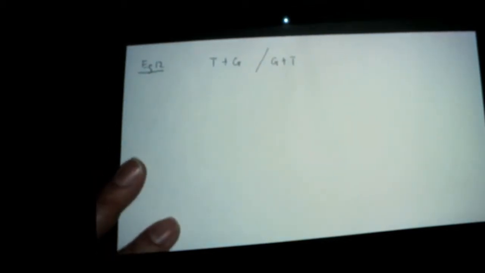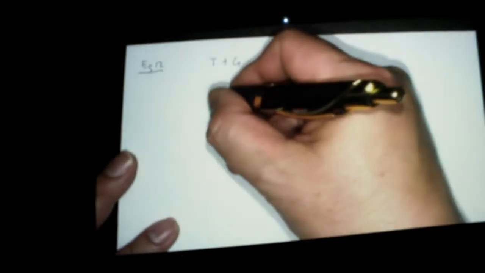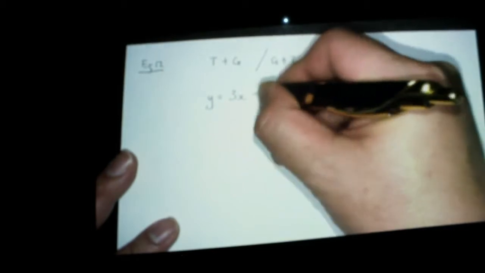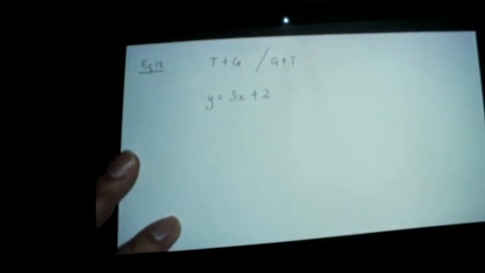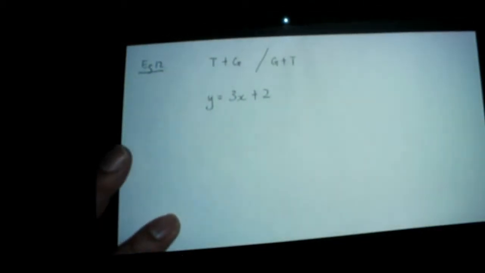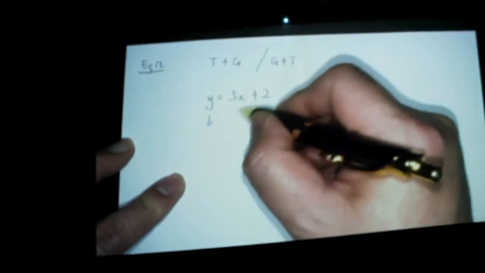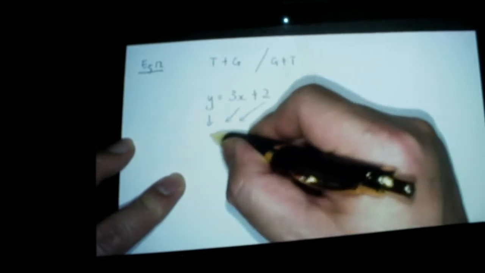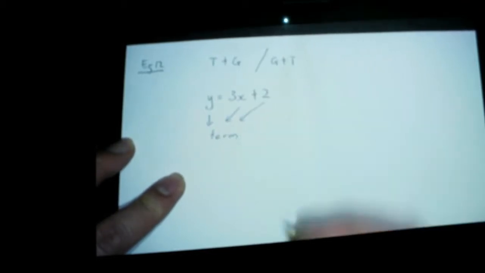Moving on, there is some terminology that you need to know. For example, the equation y equals 3x plus 2. Always remember all these things over here, y, x, and 2, are known as the terms.